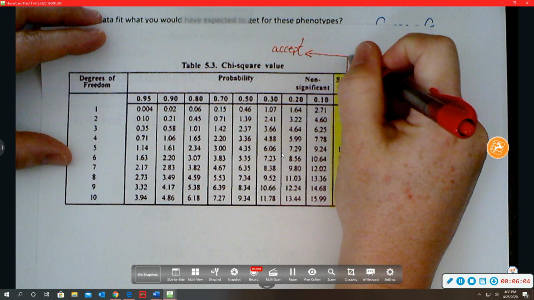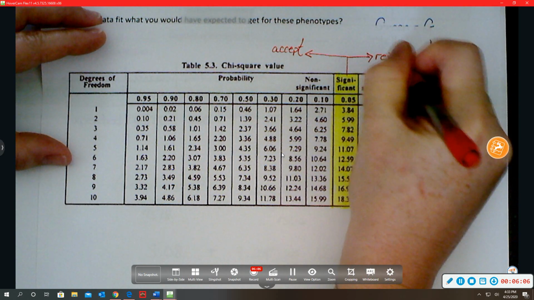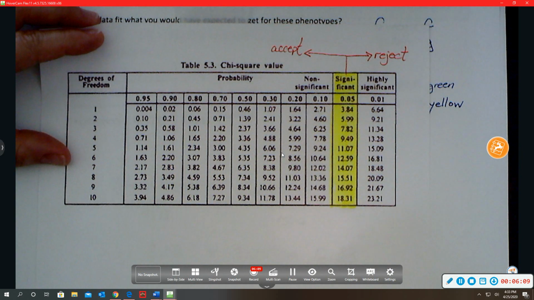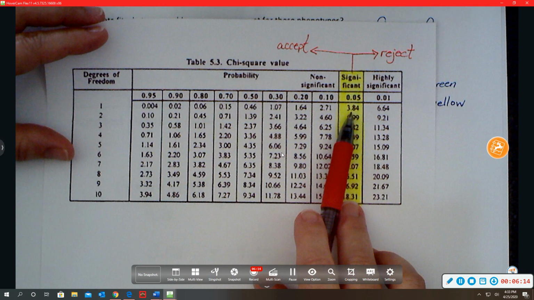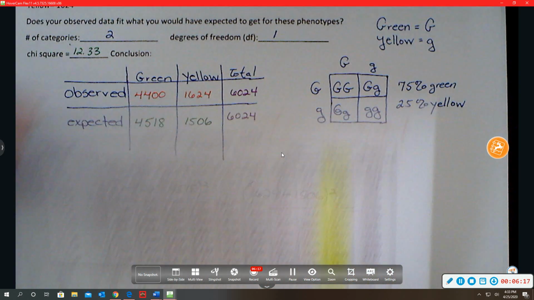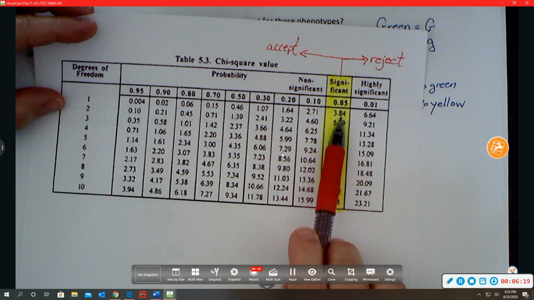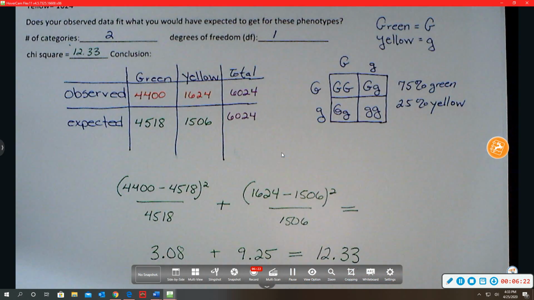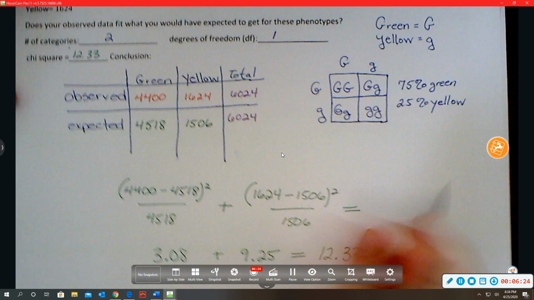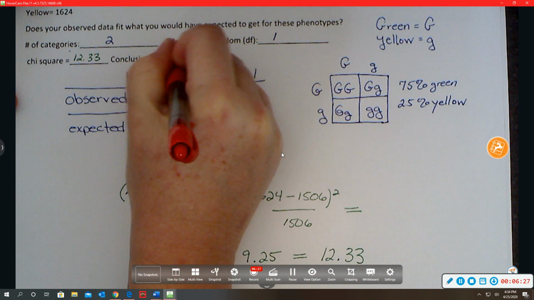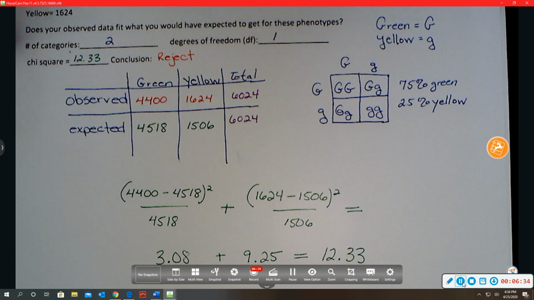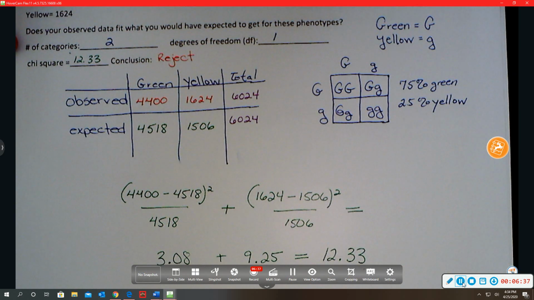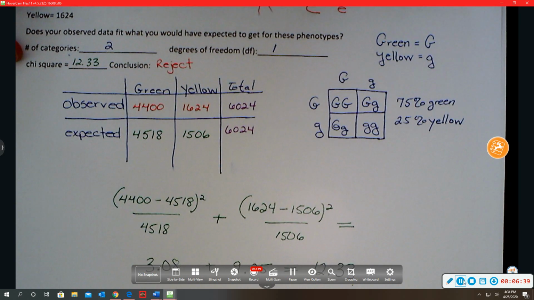If our number is higher, then we'll reject our null hypothesis, which means there's something going on here. In this case, well, 12.33 is a lot higher than 3.84. So we are going to reject our null hypothesis. Something is going on here with our variables that we would need further testing or further research to figure out what it is.